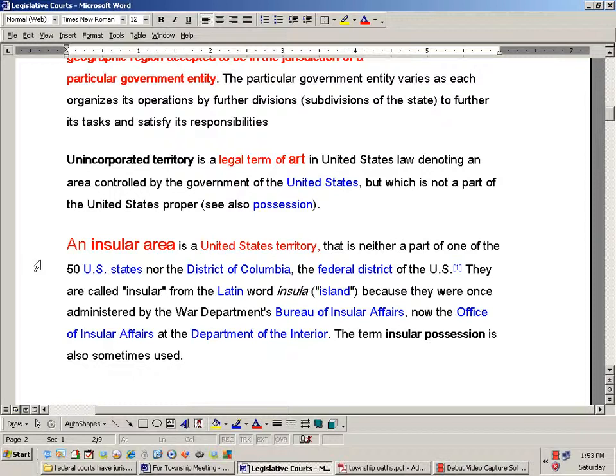That's a particular piece of land, the federal district of the U.S. So if you look at the way this thing is written, after it says an insular area is the United States territory, comma, and then you don't see another comma till the federal district of the U.S., you could take out the part in the middle, and it would read, an insular area is the United States territory, the federal district of the U.S. Right? That's what you're in. They are called insular for the Latin word island, because they were once administered by the War Department.